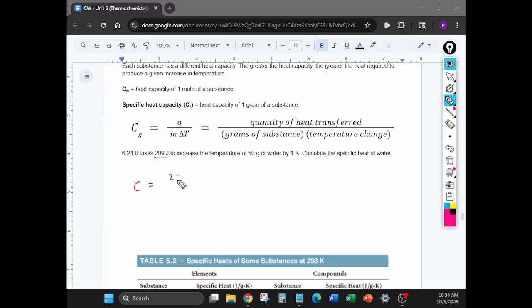So 209 joules goes on the top, divided by the mass of the substance, so 50 grams of water goes on the bottom. And then the change in temperature is 1 Kelvin, so 1 Kelvin on the bottom. Pretty easy. Just plug and chug.